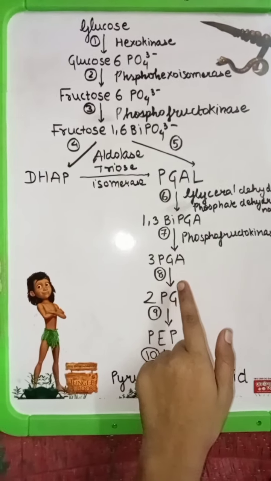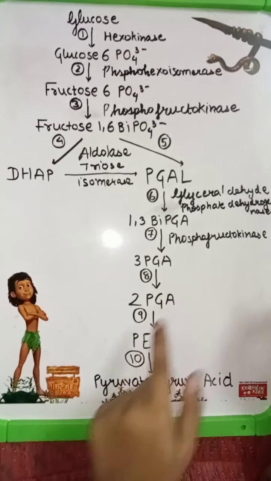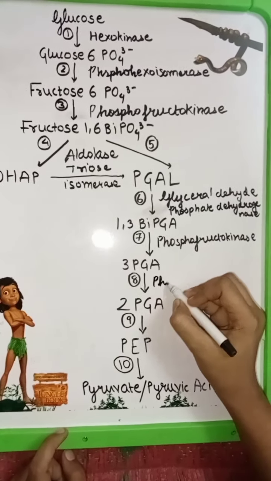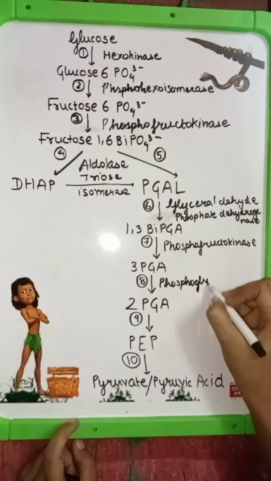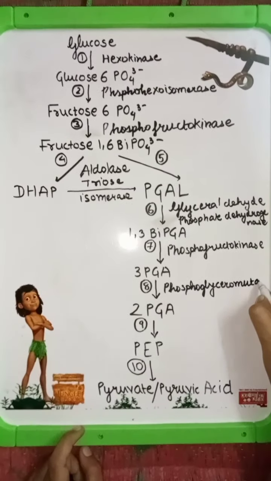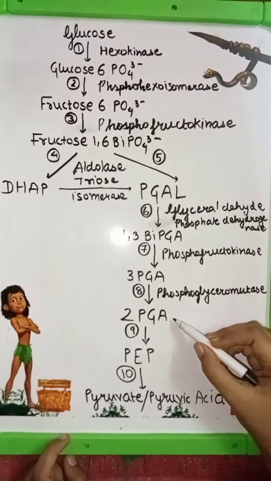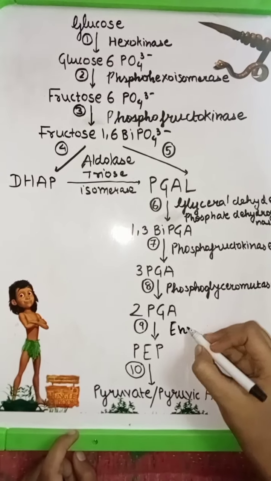From 3-PGA to 2-PGA, the enzyme is phosphoglyceromutase. Now from 2-PGA to PEP, we have enolase.